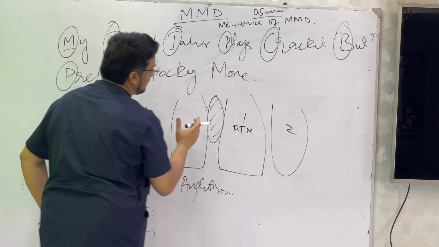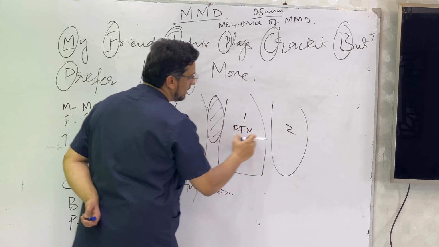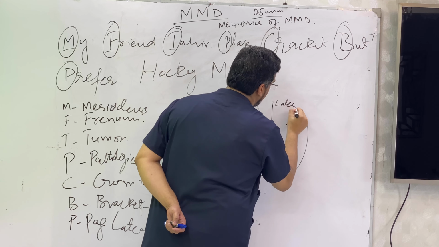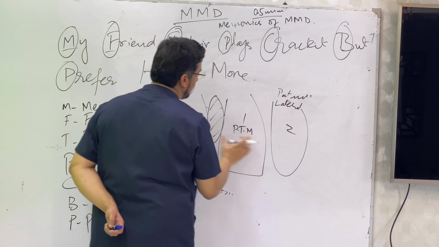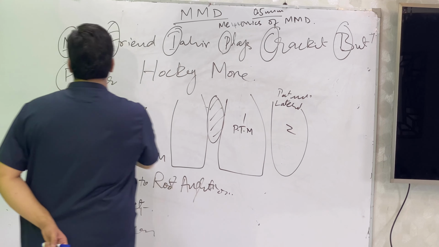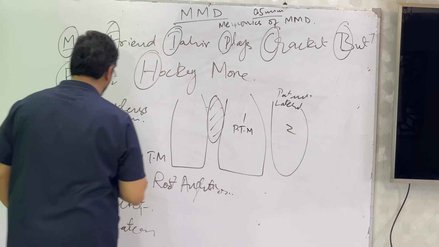Now if you see, we discussed all the etiology of the midline, then we came to the central incisors, then we are coming to the lateral incisor. The peg lateral is an etiological factor because of its diminished size, the central incisor moves into this place and can cause diastema. So P stands for peg lateral. The H stands for hypodontia.